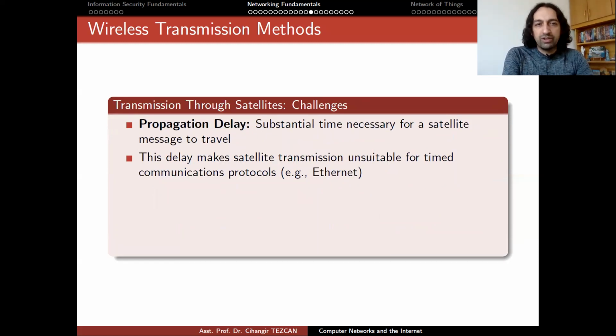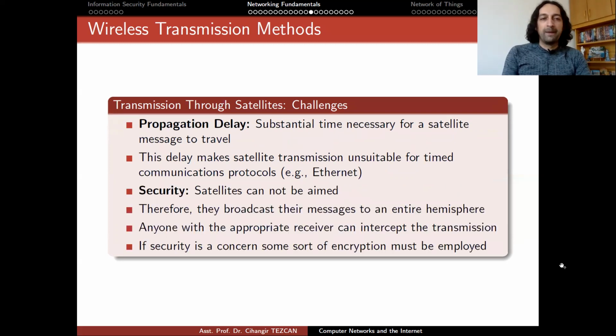So let's talk about challenges in transmission through satellites. There's a propagation delay, the substantial time necessary for a satellite message to travel. This delay makes satellite transmission unsuitable for timed communications protocols, for example, Ethernet. The second challenge is security. Satellites cannot be aimed.